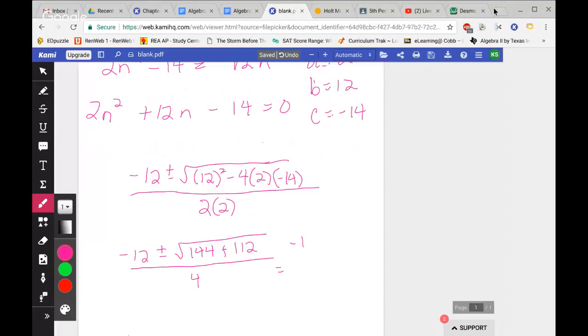So that's going to become negative 12 plus or minus 144 plus 112, which is 256. Oh, wow. What a beautiful thing.